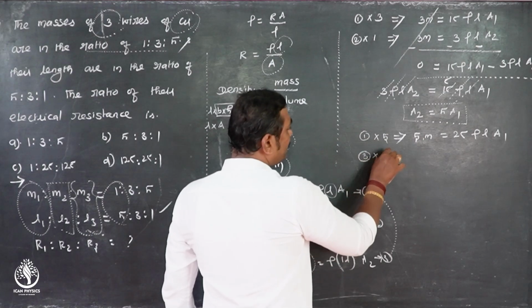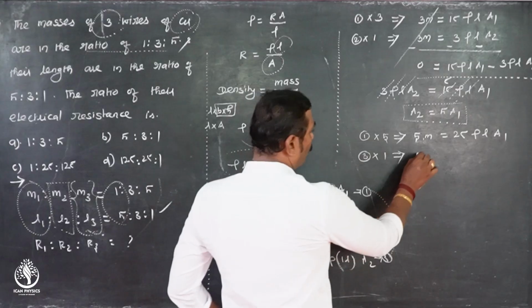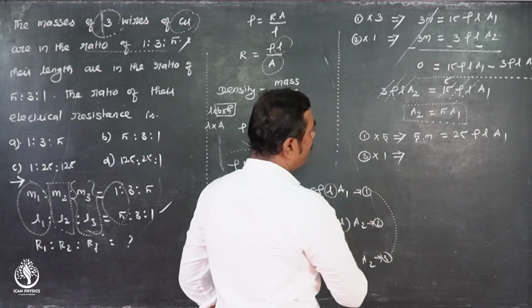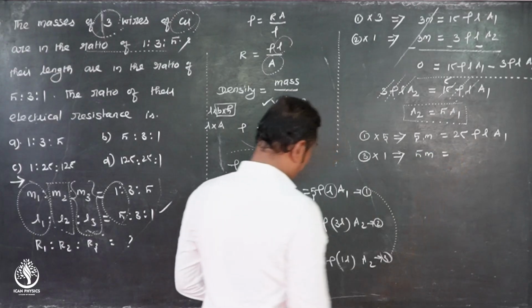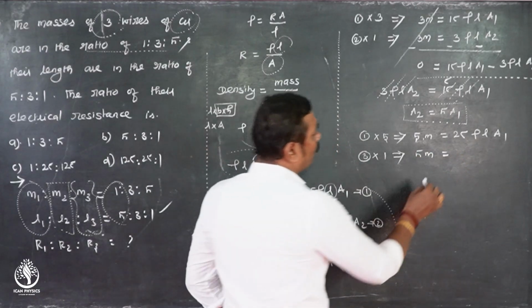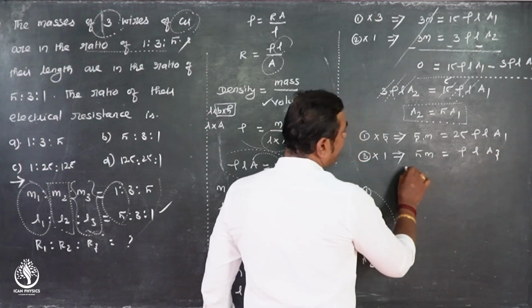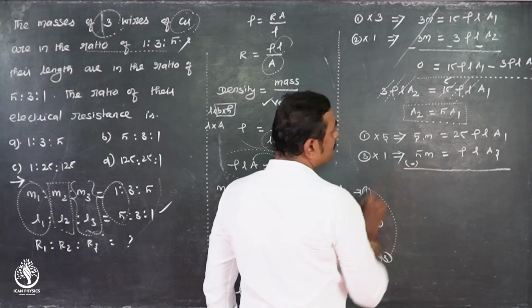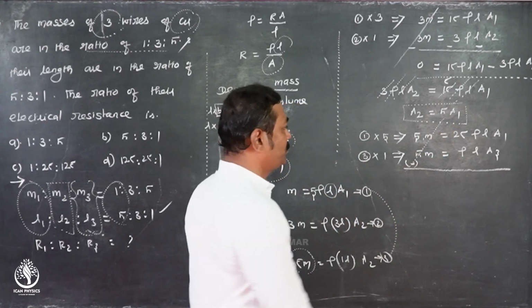Equation 3 into 1. So it becomes 1 into 5m, 5m equal to 1 into rho L into A3. Now we can subtract, so 5m minus 5m becomes 0.